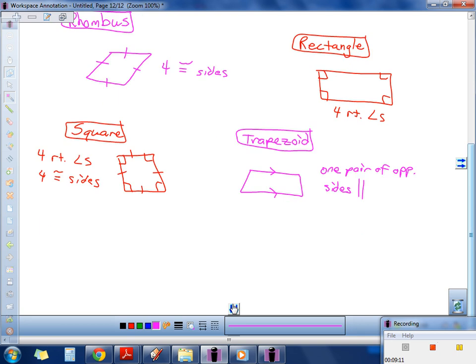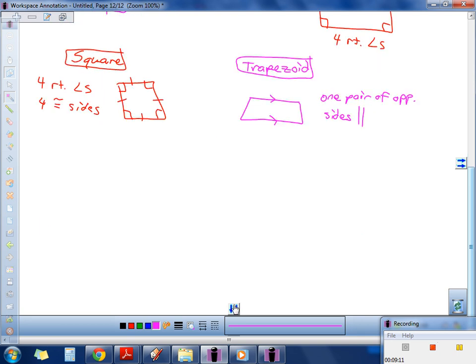Then we got a little more specific. We started talking about another shape related to that trapezoid. What was that other shape? Yeah, it's kind of related to this one, the isosceles trapezoid. So that one looked a little bit nicer.